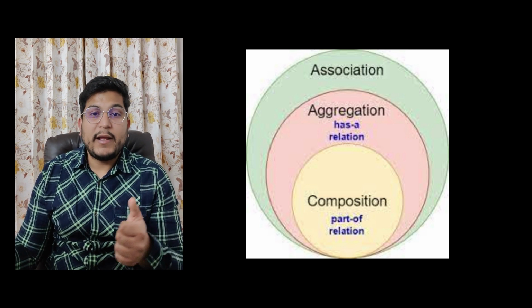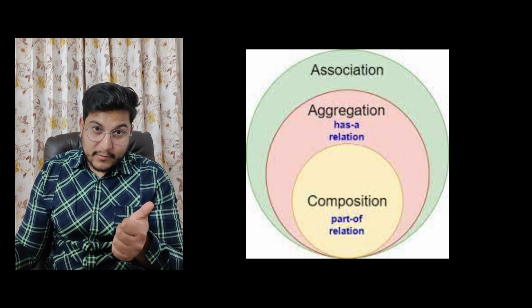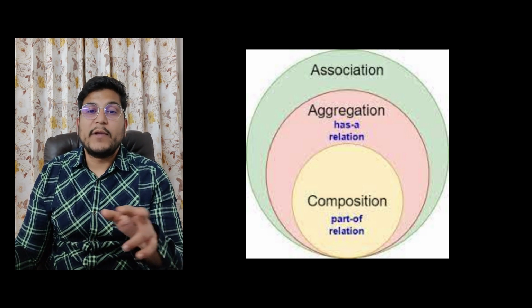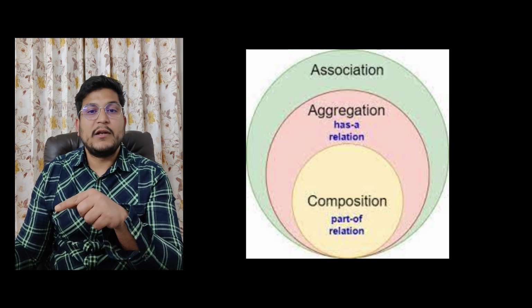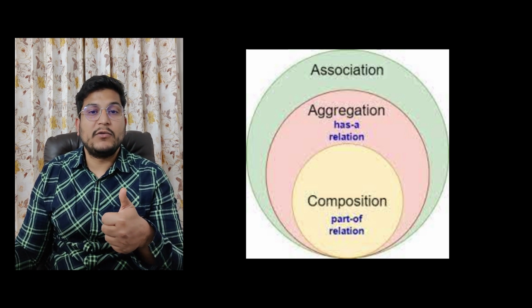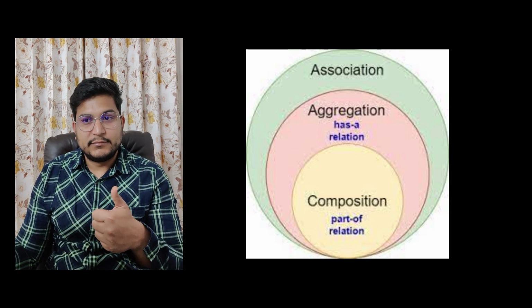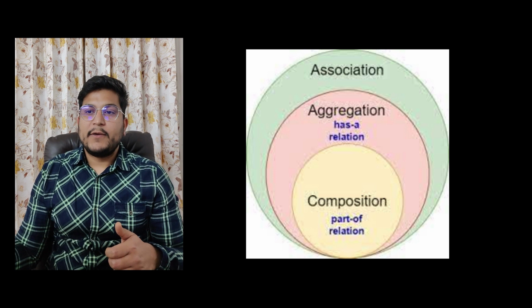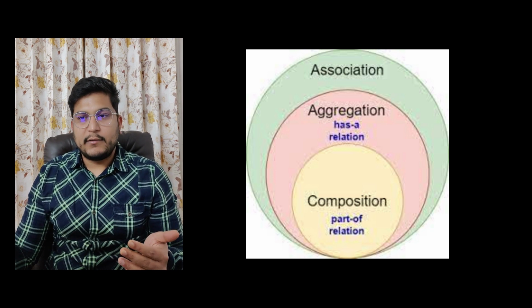But a student and a teacher have a relation, and they each have their own life cycle, right? So aggregation can be a student has-a relationship, but if the student is leaving the school, it doesn't mean the teacher has to leave the school, right? So with this diagram we are able to understand completely.